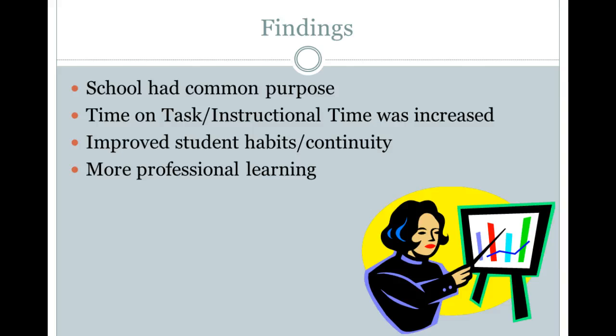All right, their findings. They had a lot of positive success as evidenced by their 292-point increase. They also found that after this process, their school had a very common purpose, and that is the goal with the PD, right? To have purpose aligned with school-wide goals.